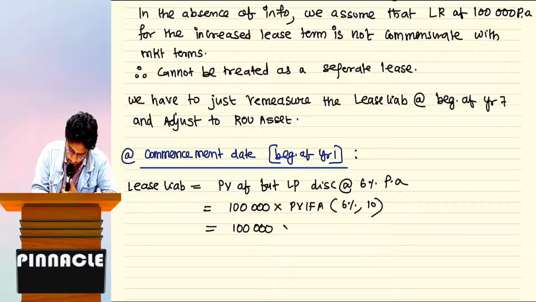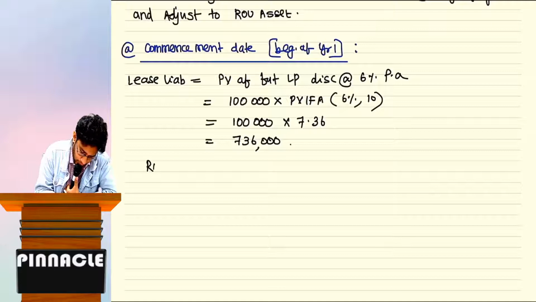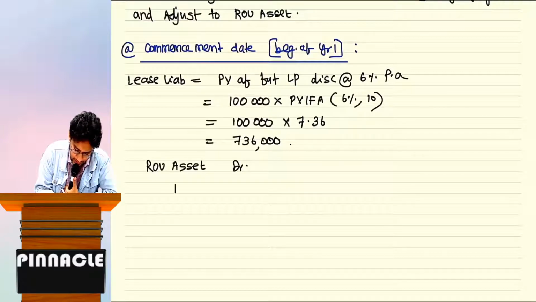One lakh into 7.36. There are no other adjustments, sir. So directly lease liability and ROU asset also.